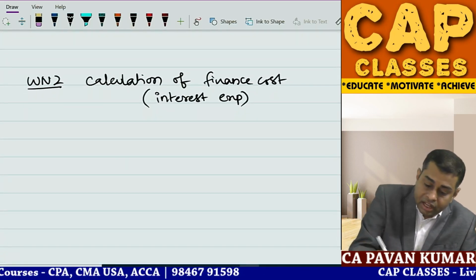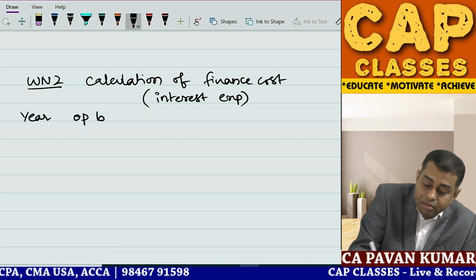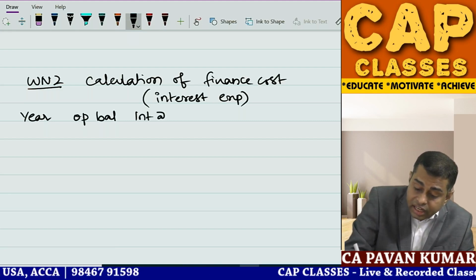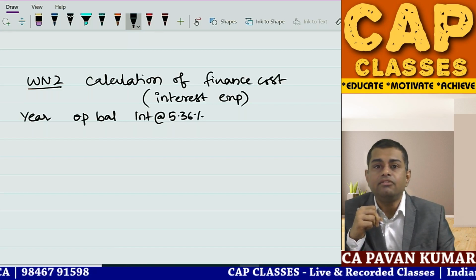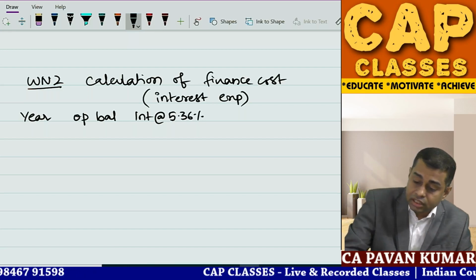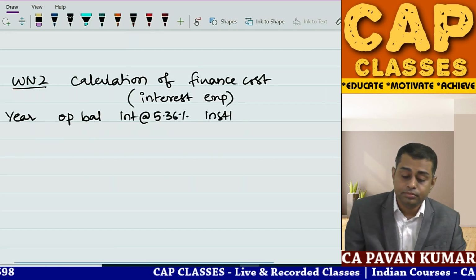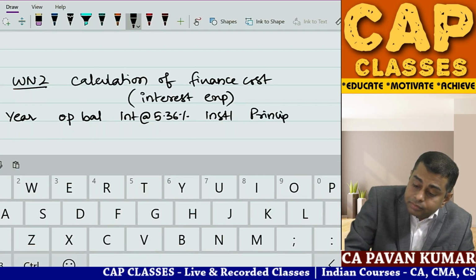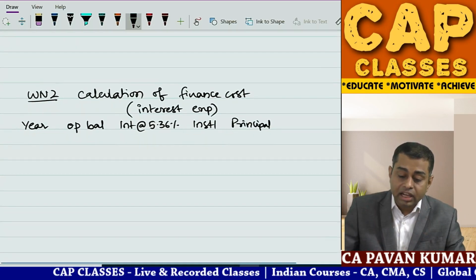How will we prepare it year-wise? Opening balance, interest at a rate of 5.36%, installment amount, principal amount, and then we write closing balance.